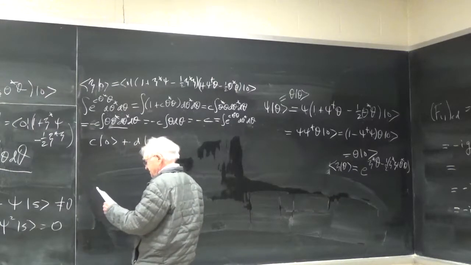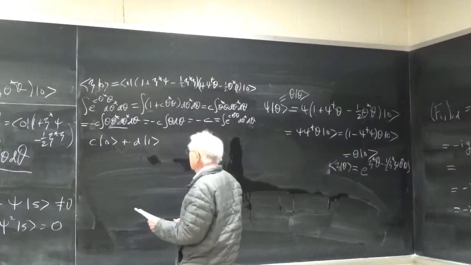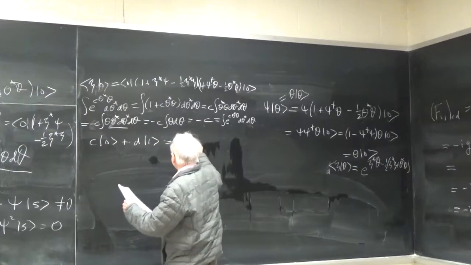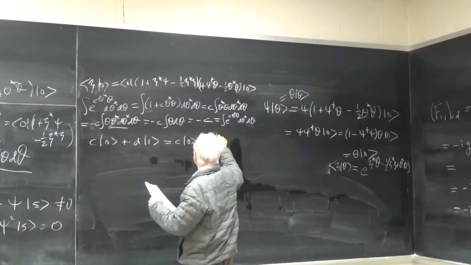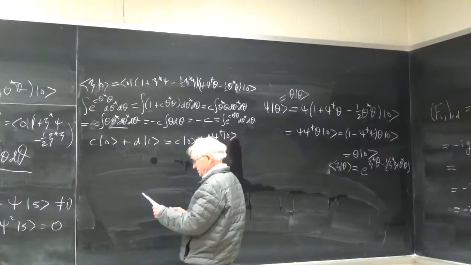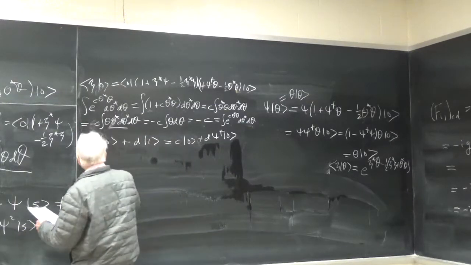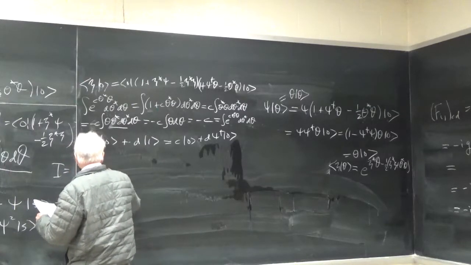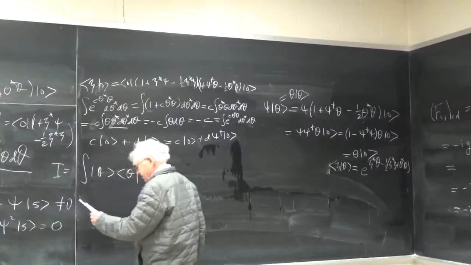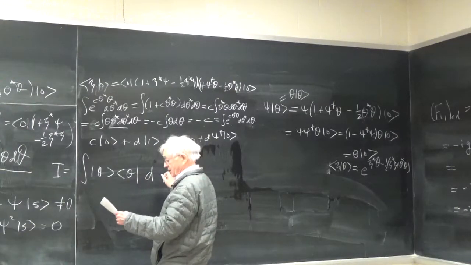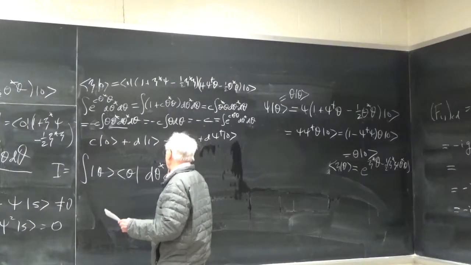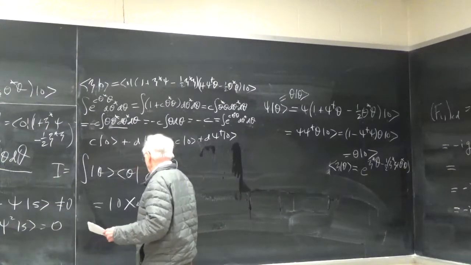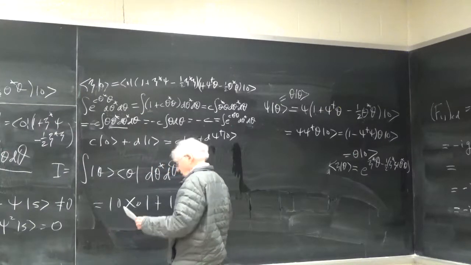Maybe I'll write one more thing here because we're just about out of time. The space of states here, we can think of as C0 plus D psi dagger 0. So this is our space of states, and we can write the identity operator for this space of states as an integral of outer products of Grassmann coherent states, d theta star, d theta, and we can see that this is 0, 0 plus 1, 1.